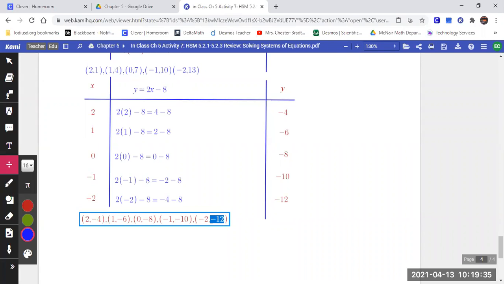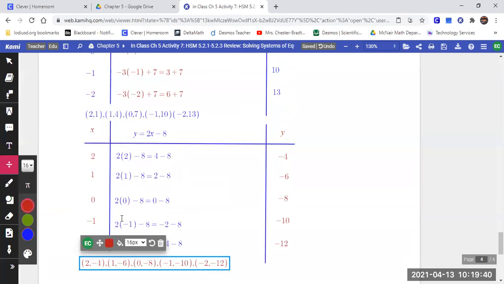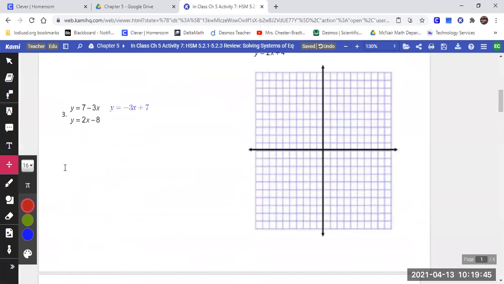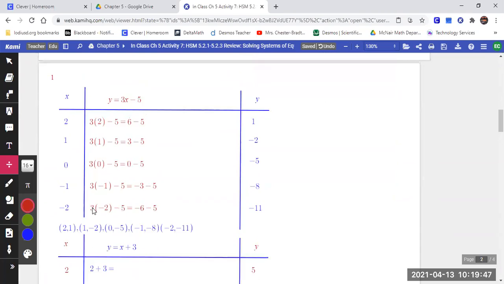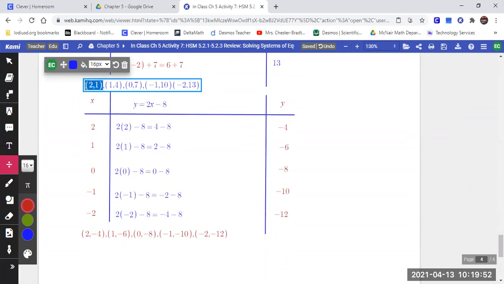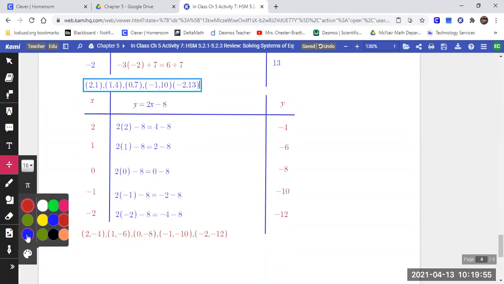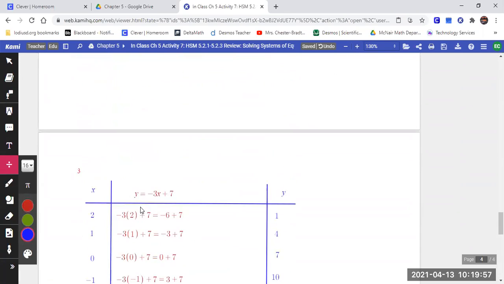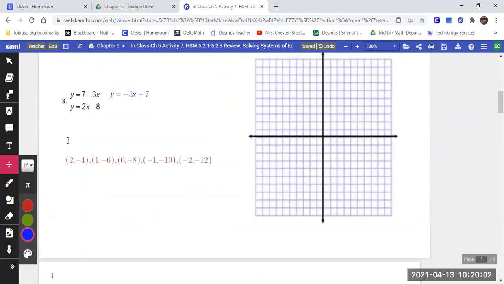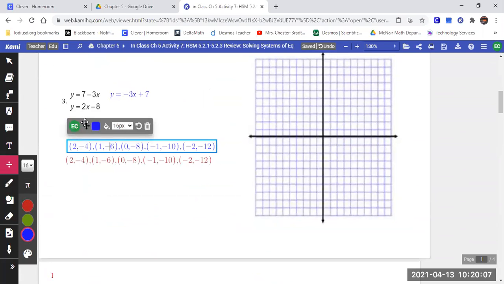Okay, and we copy our lists up above, right? This is my red one. Here's my blue. I remember to change the color this time. Okay. Did we end up on our list?